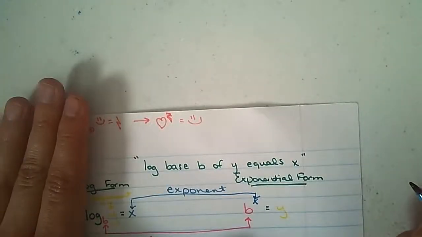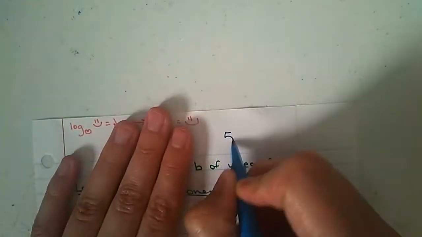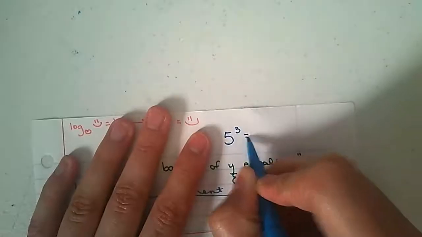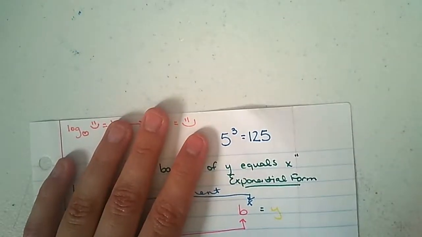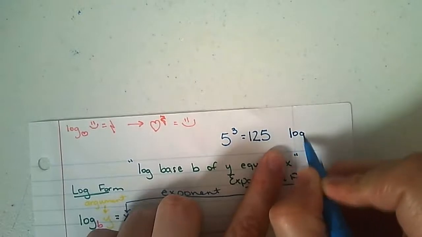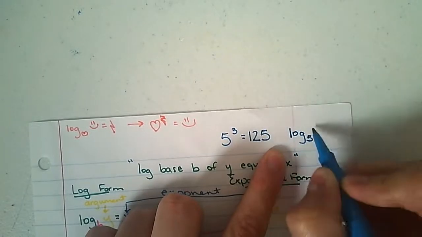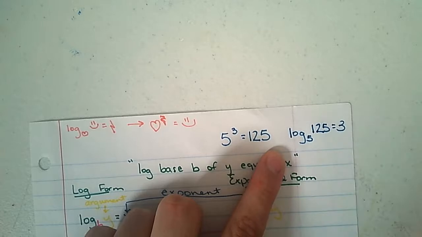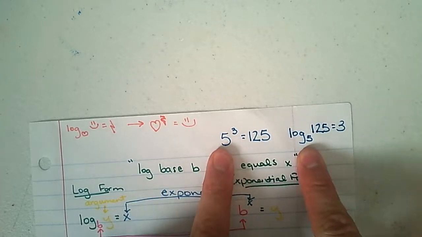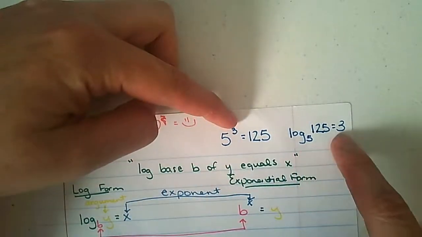So if I wanted to give you an example, I could say 5 to the third is 125. In logarithmic form, I would say log base 5 of 125 equals 3. So you notice our base, our exponent, and then that argument, okay?